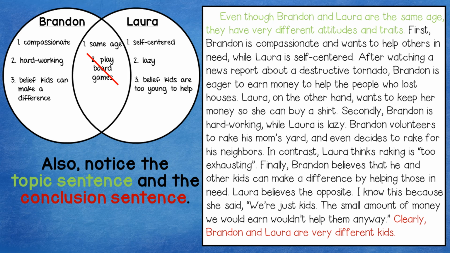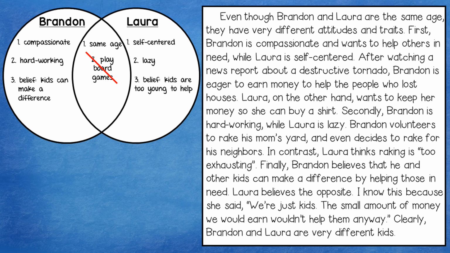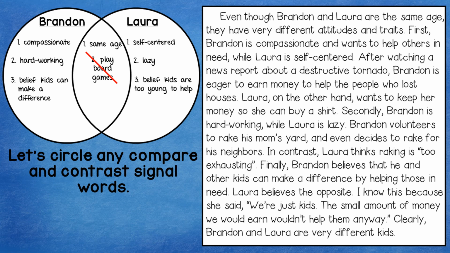Let's also notice that the topic sentence, the first sentence in green, and the conclusion sentence, the last sentence in red, are fairly similar. They start out by telling us what the passage or essay is about, and the conclusion ties it all together in the end. So let's circle any compare and contrast signal words.